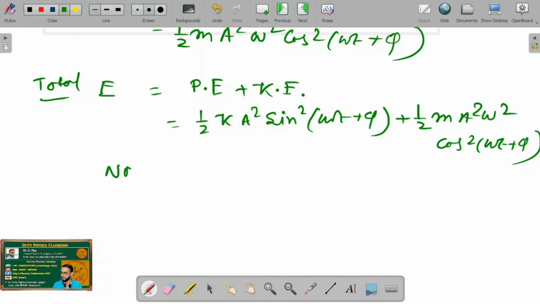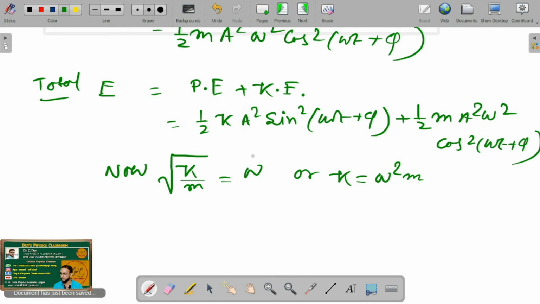In the differential equation of linear simple harmonic motion, we got the root of k by m equals omega, or k would be omega square m.